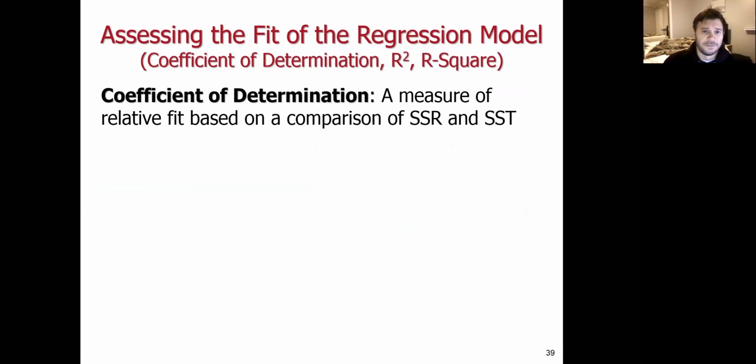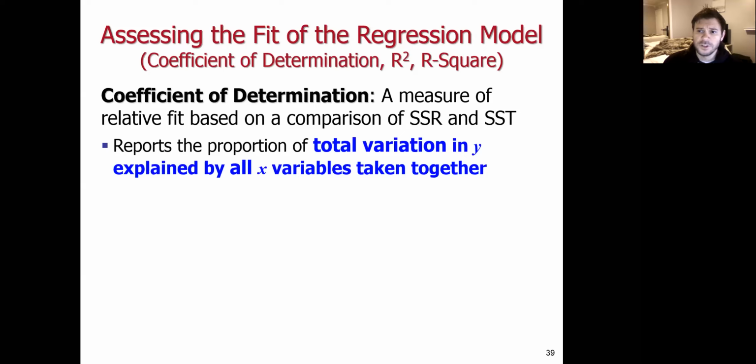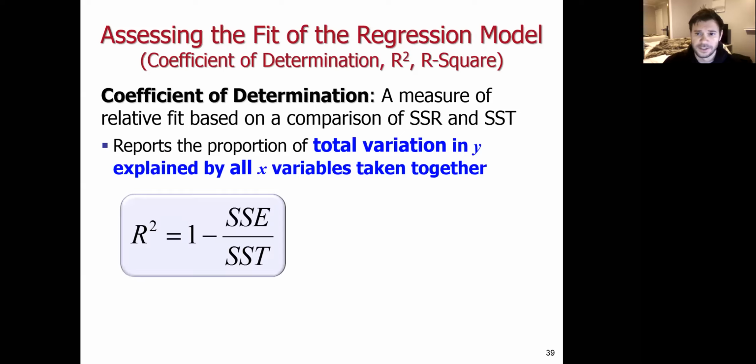Again, this is a measure of relative fit based on a comparison of SSR, SST, and SSE. It reports the total variation in Y that is explained by the variation in all of the X variables jointly. And the way we calculate this is by doing 1 minus SSE over SST.